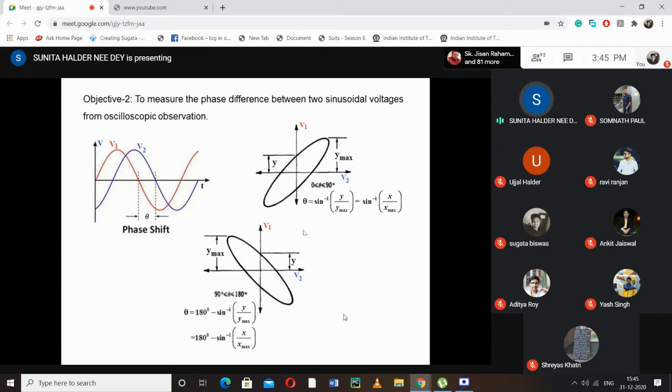Then next is to measure the phase difference between two sinusoidal voltages from oscilloscopic observation. This theory you have already learned in the oscilloscope part of your measurement class, so here I am telling you only the gist. If these two are voltages, then we can give any one voltage on the X plate and another voltage on the Y plate and make the oscilloscope in dual mode.